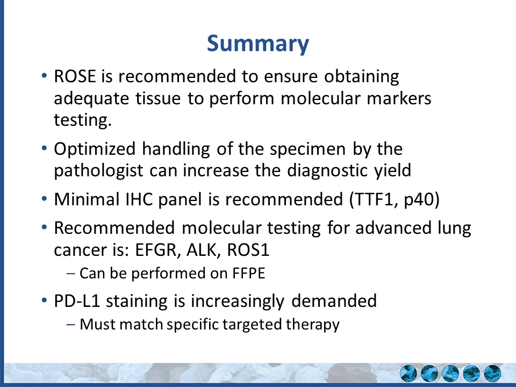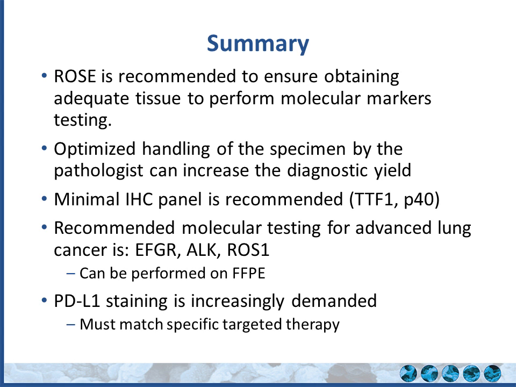So to summarize, ROSE is recommended to ensure adequate tissue, provide molecular markers, and to confirm the diagnosis. Optimized handling of the specimen by the pathologist and the pulmonologist can increase the diagnostic yield. A minimal IHC panel is recommended. If it's an obvious squamous cell carcinoma, I don't get any IHC. If it's an obvious adenocarcinoma, you may just get TTF1.